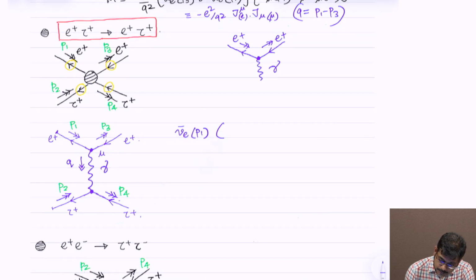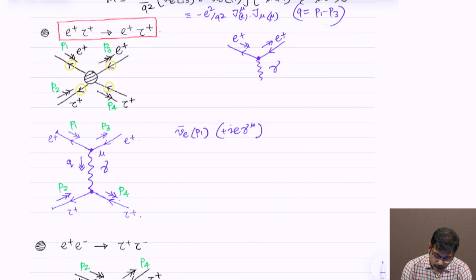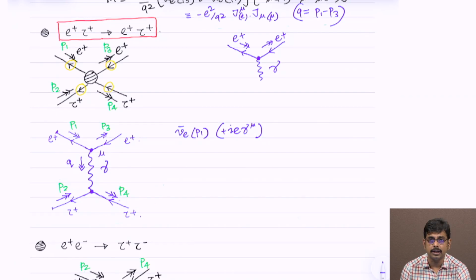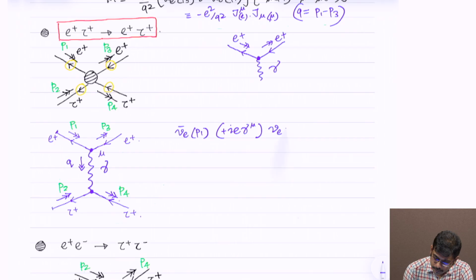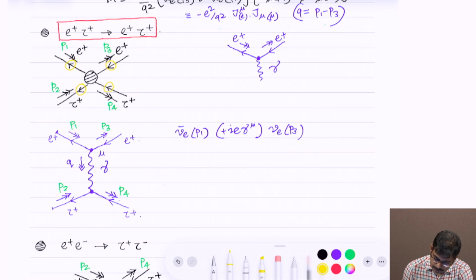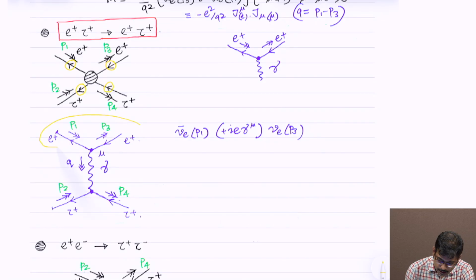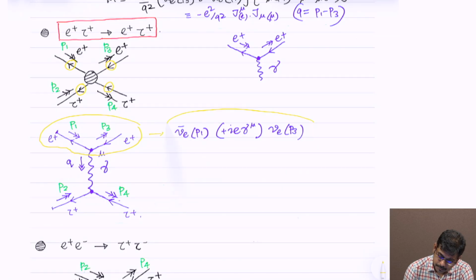And once again you have the vertex factor, let us write it as plus ieγ^μ, just because I have the positron scattering here, and then the final state positron that is being created will be denoted by v_e(P3), correct. So, this defines the first part of this graph. So, this part is now encapsulated by this part.